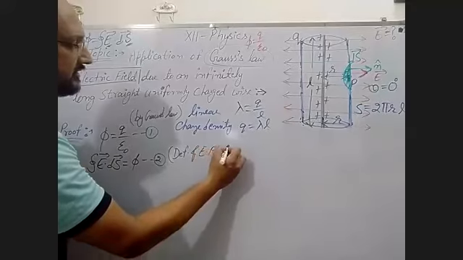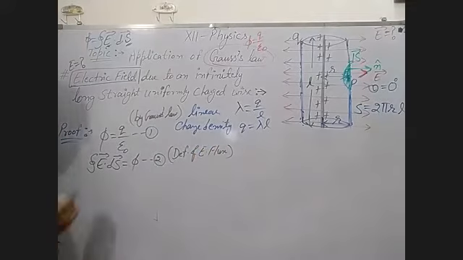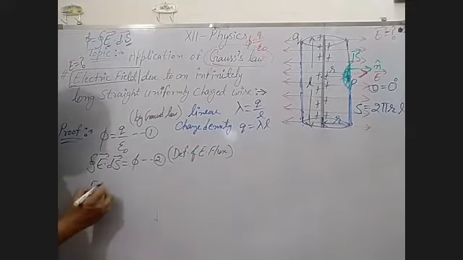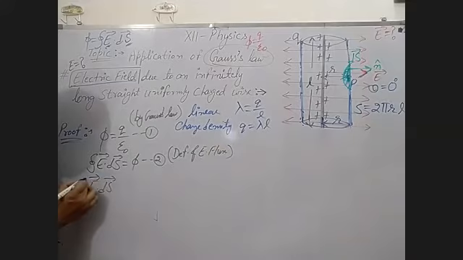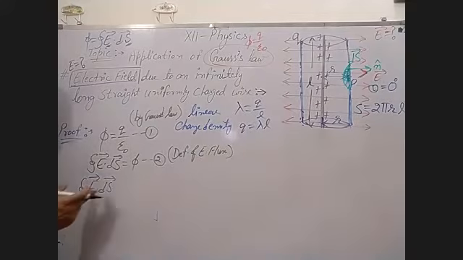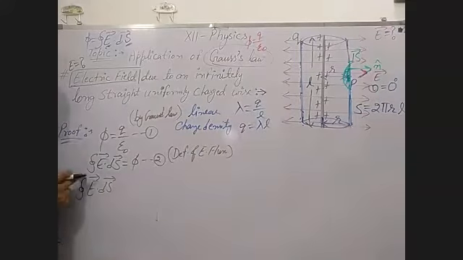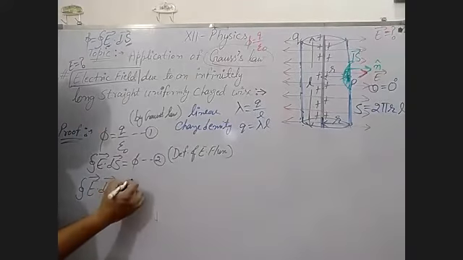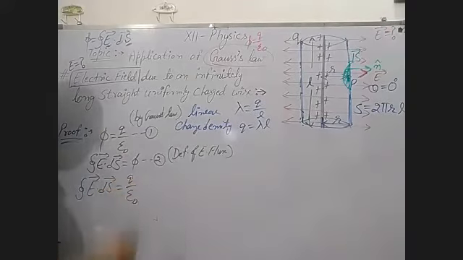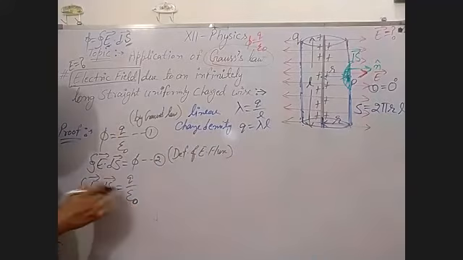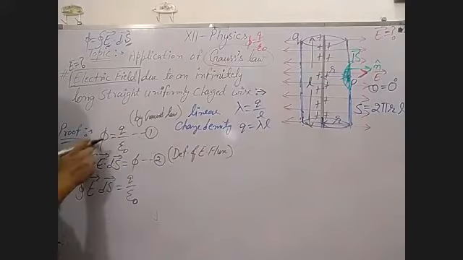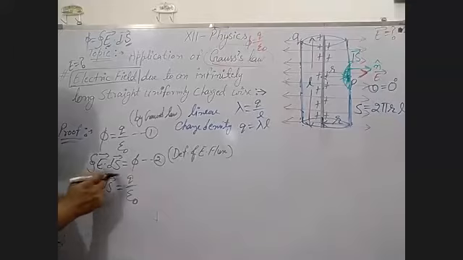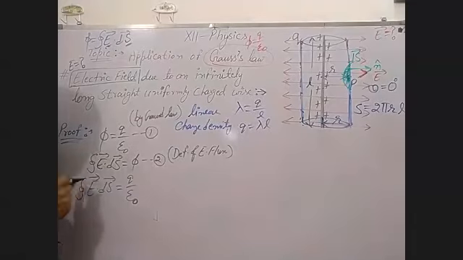From first and second, we can also write this as the surface integral of vector E dot vector ds equal to Q by epsilon. Can we write this? Because phi is equal to Q by epsilon naught, and phi is equal to the integral of E dot ds vector, then both the terms are equal. You can write it in this way.